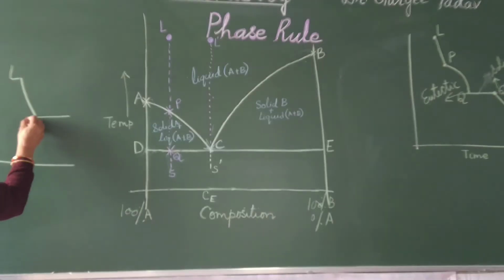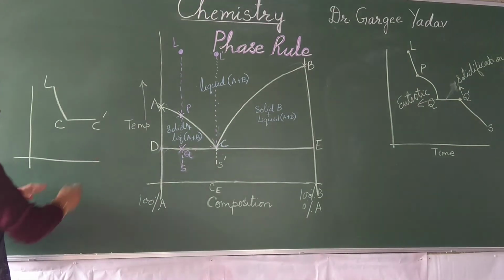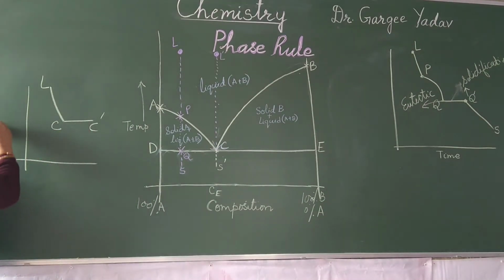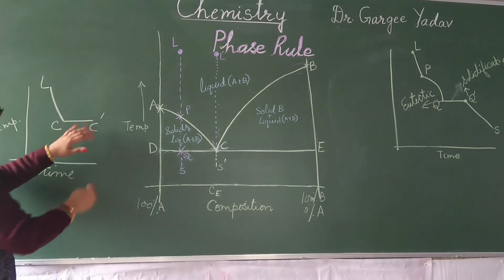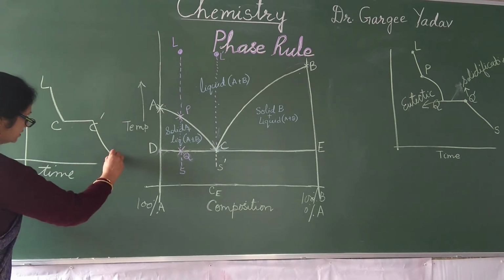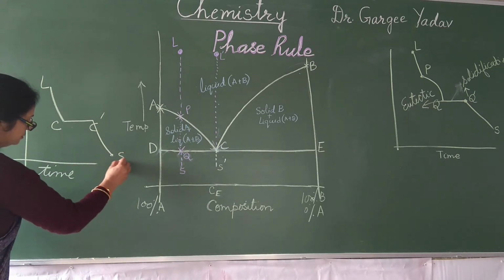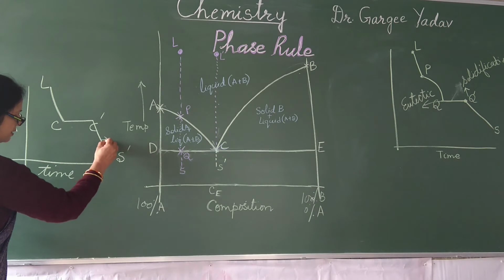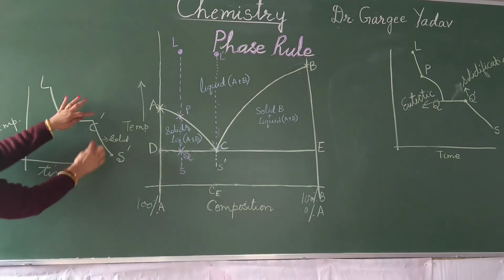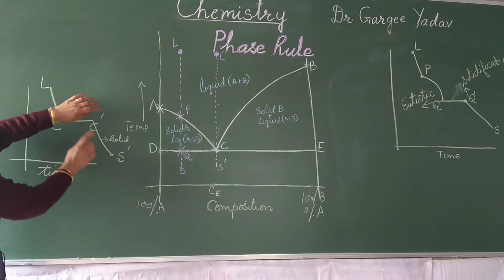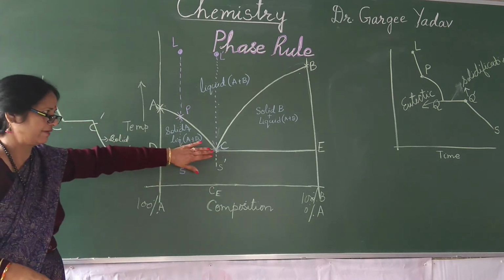This is from C to C dash. The temperature will remain constant. This is the temperature and time curve. So temperature will remain constant, and this represents our solid phase. So this is the cooling of the solid which we have at this point.